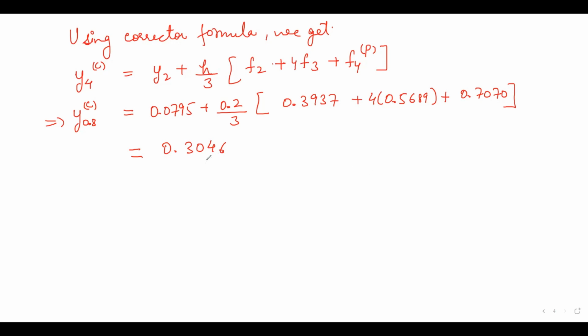Now in this we'll check our condition. So the modulus of the corrected value minus the predicted value is coming out to be 0.3049 minus 0.3046. That's 0.0003.